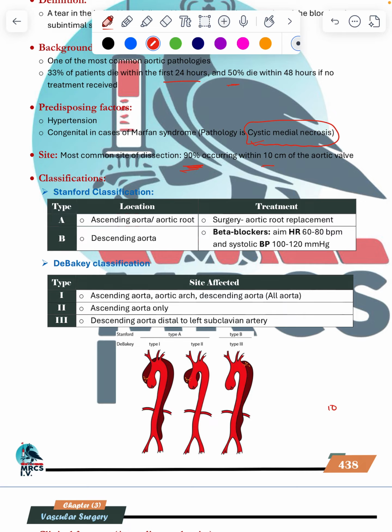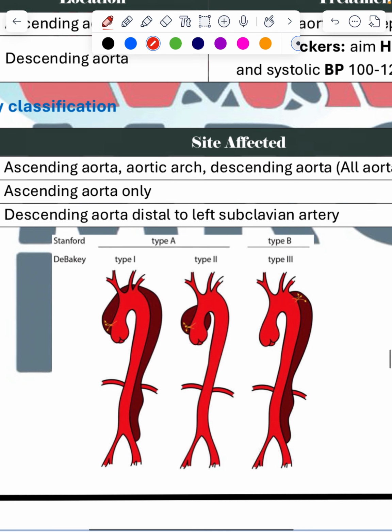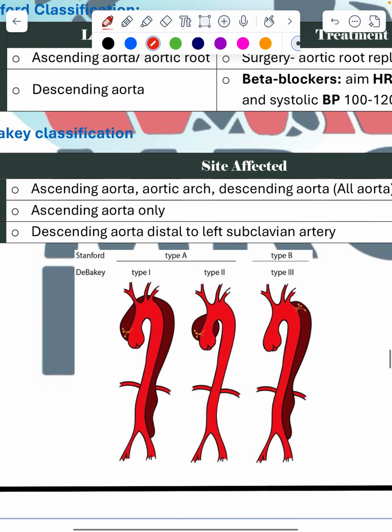Now, classification: Stanford and DeBakey classification. Stanford has described two types, A and B. You can see in this, Stanford has just A and B, two types.